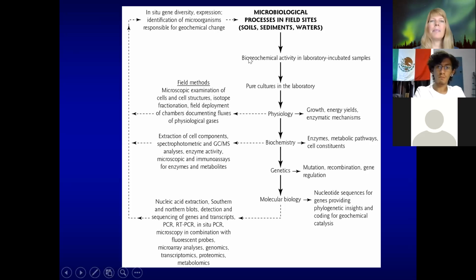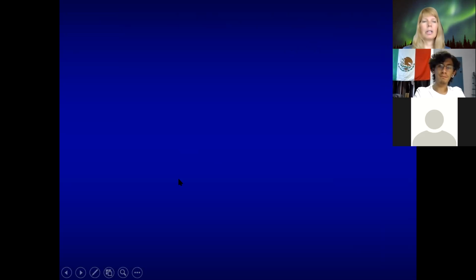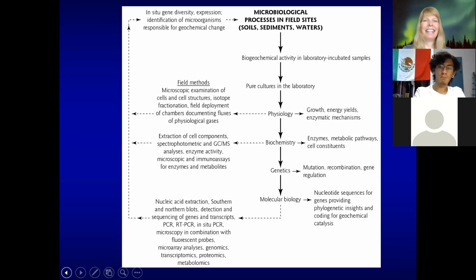So here, looking at this idea, let's go out to the field site. On the top of this table, you're looking at the microbial processes going on in the field site. You're trying to figure out what's happening in the soil or maybe in the water system, so you take samples and bring them back into the lab.